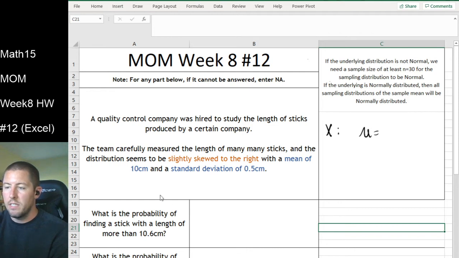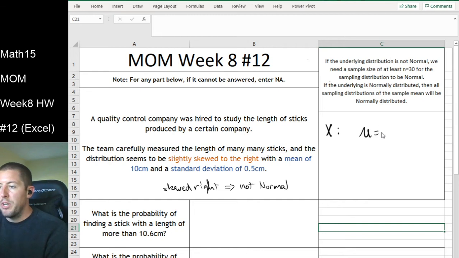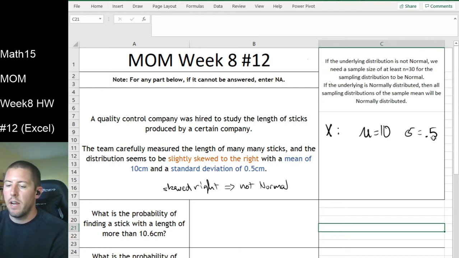This information is slightly skewed right, so it's not normal. So we're saying here that X is not normally distributed. But we do know its average is 10 centimeters, and we do know its standard deviation is 0.5 centimeters, of these sticks.